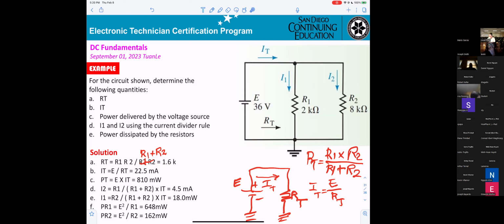So what's the answer? Because my answer, I came out with 6.4 kilo ohms, and you have 1.6. Yep, 2 times 8 is 16, right? Divided by 2 plus 8, which is 10.